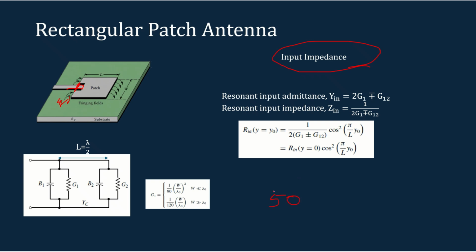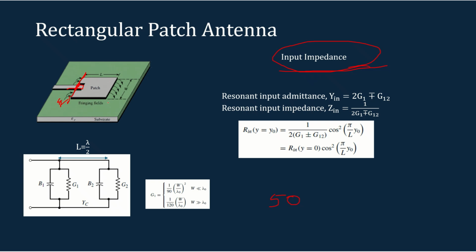So we have to find the position where the impedance matches 50 ohm. As the impedance here is very high, there will be some position inside this patch where the impedance matches 50 ohm. This input impedance calculation will help us to find that position.